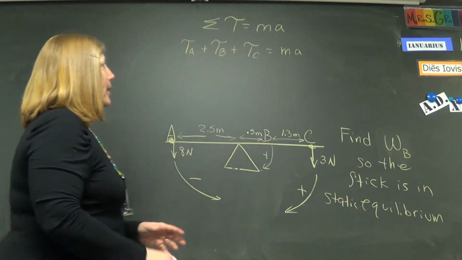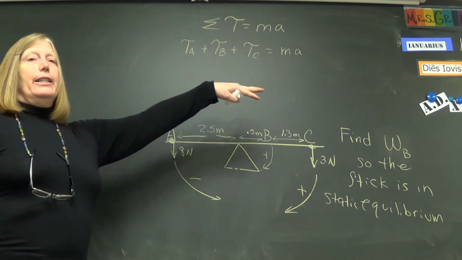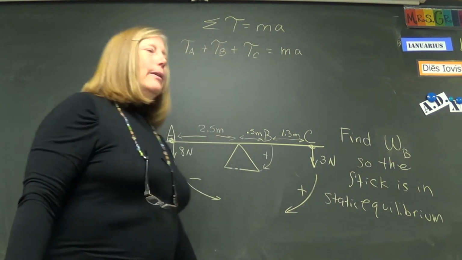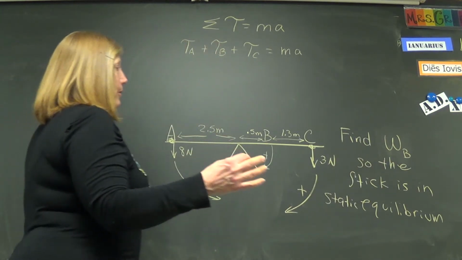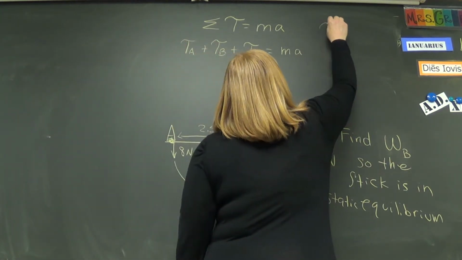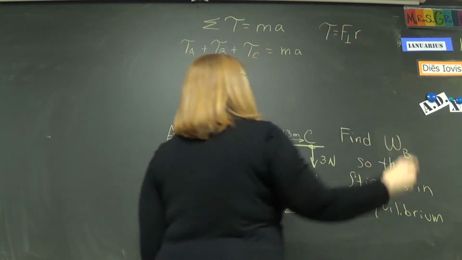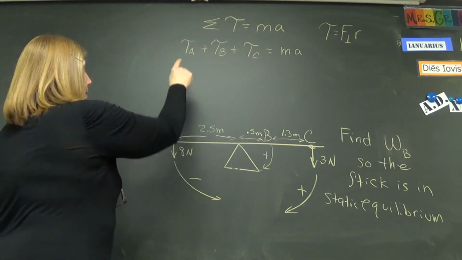All right. So all we have to do is fill in the numbers. One thing will be absent, and that'll be the weight of B. So torque was made of 2 things. Aaron and Alex, torque is force perpendicular times R. And we're going to set that up at each spot.